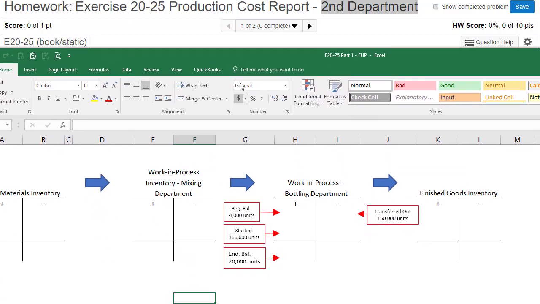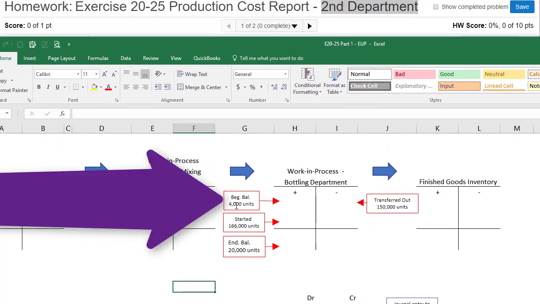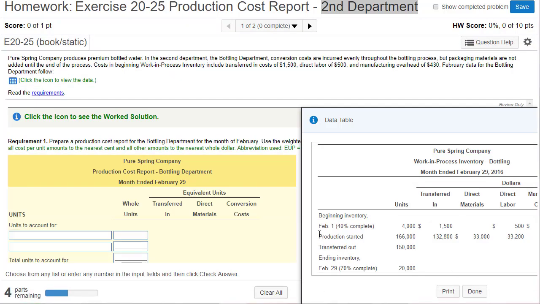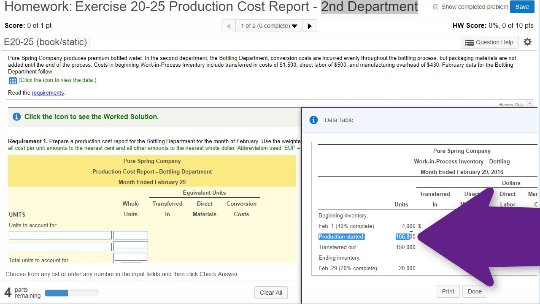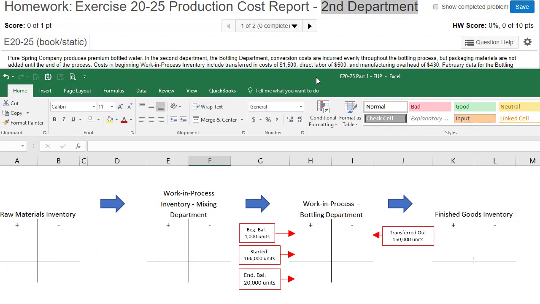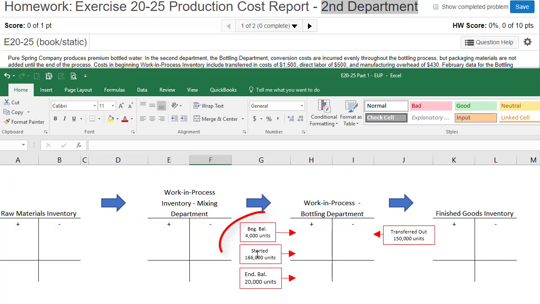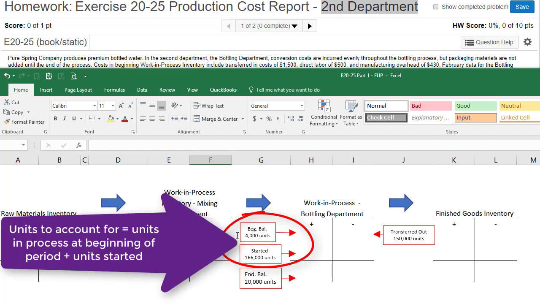So we can visualize what's going on, I put beginning balance 4,000 units here. Production was started of 166,000 units. So here's our units started. So our units to account for are these two added together, 4,000 units plus 166,000 units.